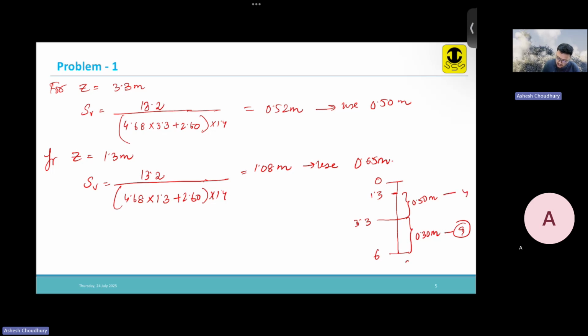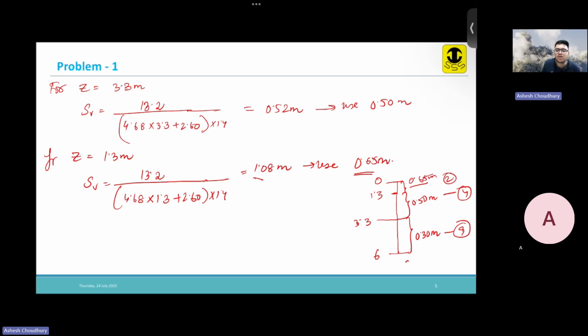So 4 geotextile layers let us use here. And for the remaining 2, we'll be using 0.65 meters. So that's why I have taken 0.65. My requirement is 1.08, but I'm using lesser than that, 0.65, so it will be fine.